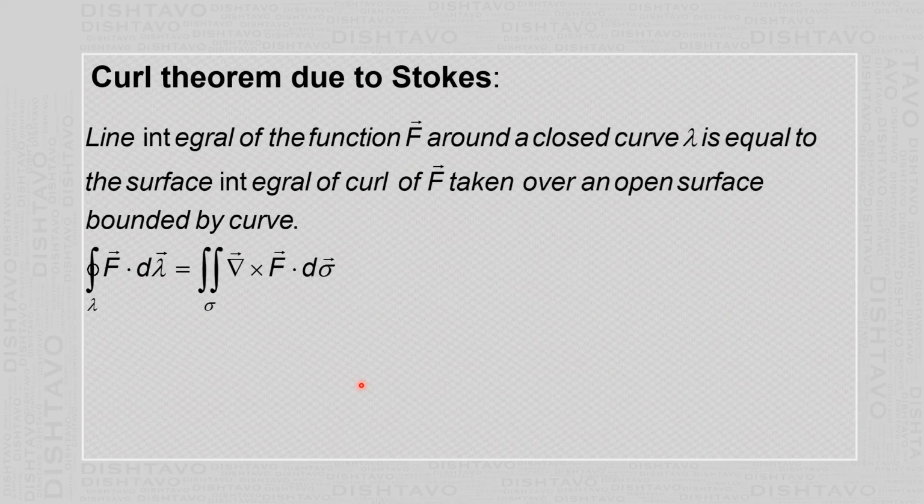So what is done is, on the left hand side the line integral is converted to a surface integral. So now on both sides there is a surface integral, and we can equate the integrands from the left hand side and the right hand side. This way, the curl theorem is useful in electromagnetic theory.